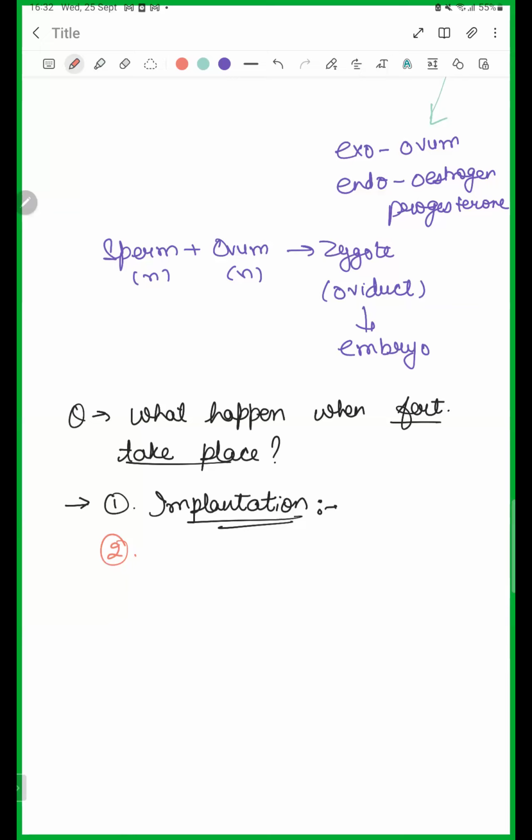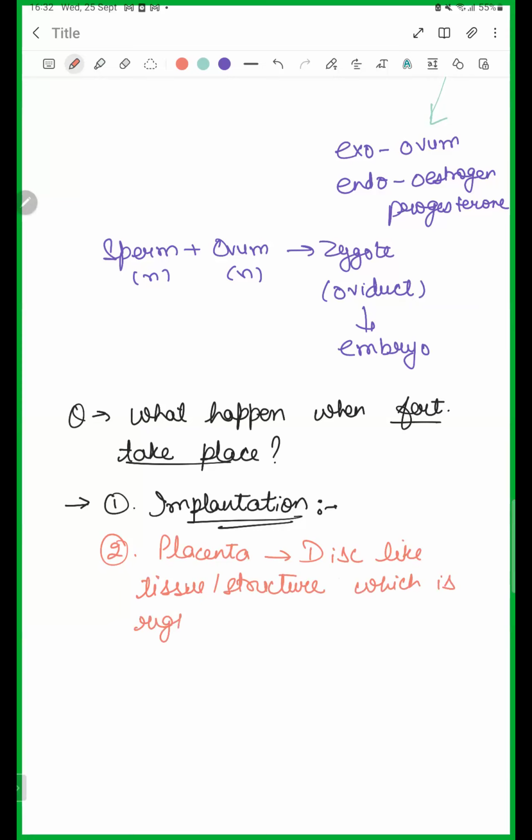After the implantation has taken place, the next thing is that the embryo starts getting nutrition from the mother's blood through the placenta. The second thing which we'll be explaining in this answer is the placenta. What is the placenta? The placenta is a disc-like tissue or structure, you can write structure, which is present, of course, in the uterus, which is richly supplied with blood vessels on either side.